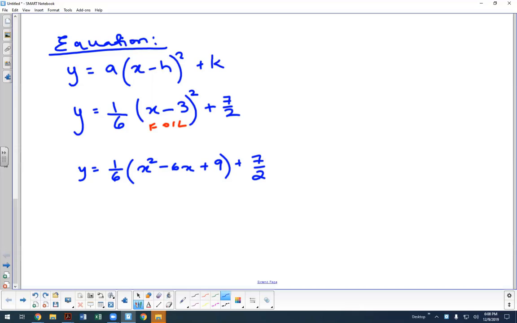Go ahead and distribute this 1/6 inside the parentheses, which will give us 1/6 x squared. 6 and 6 will actually cancel out, giving you negative x in the middle. 9 divided by 6 will reduce down to 3 halves, and then that plus 7 halves at the end.